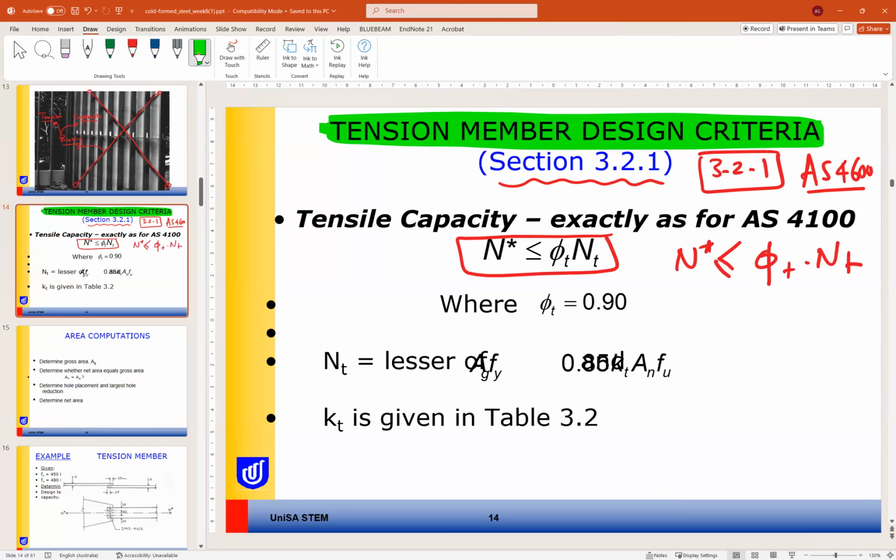It is similar to what we had before in structural steel or AS 4100.